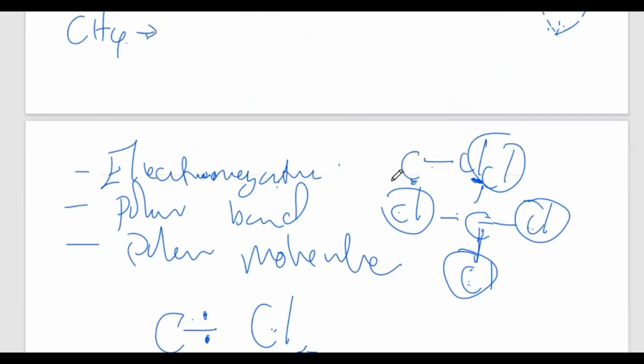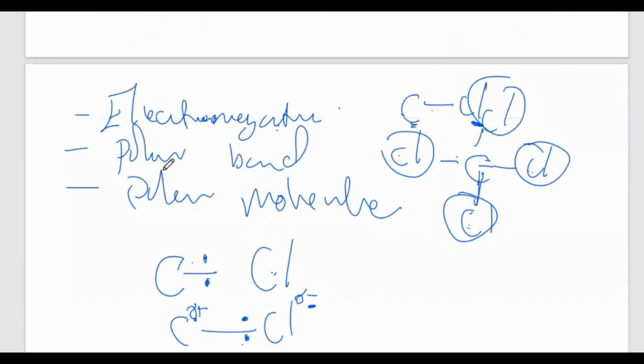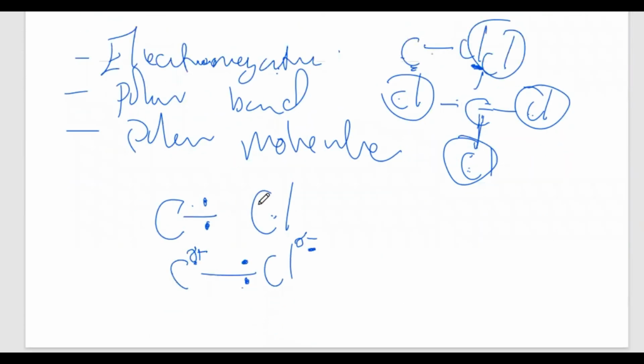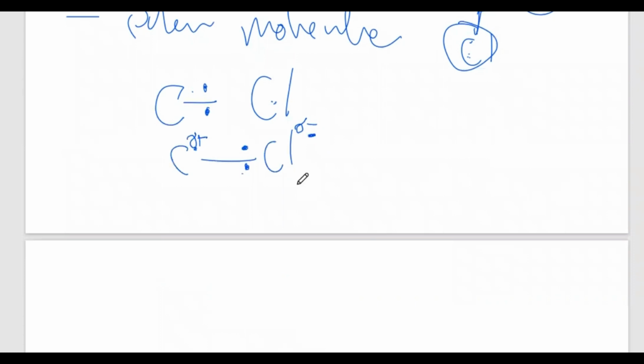So please don't go without knowing electronegativity, polarity, bond polarity, and then molecular polarity. So how do I calculate the electronegativity of a bond? Let me just use the same thing, carbon and chloride. I will go and look for chloride.